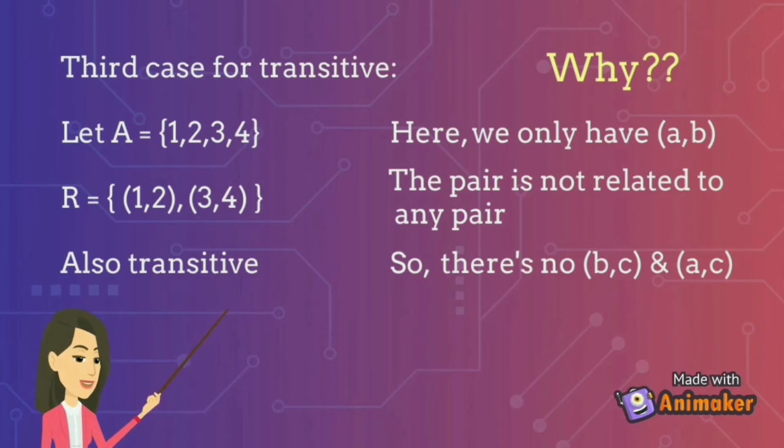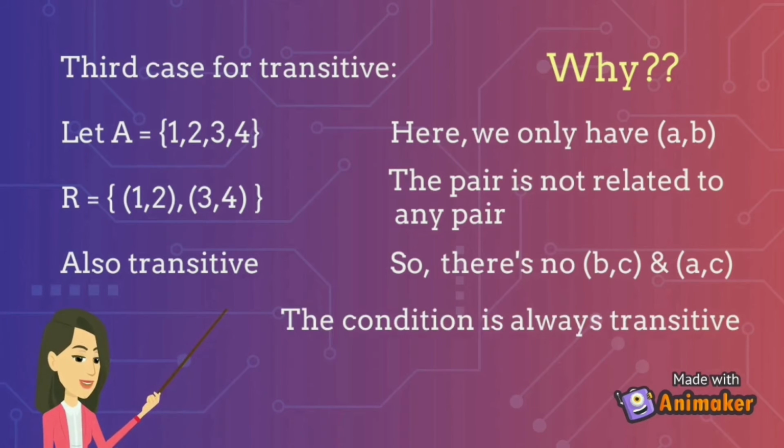You have to remember that only if there is BC for your AB, then it is compulsory to have AC. If you cannot find BC, the relation is always transitive. The same goes for the pair 3, 4.